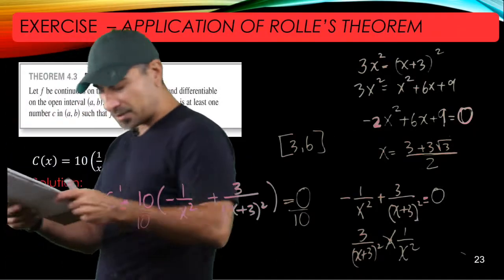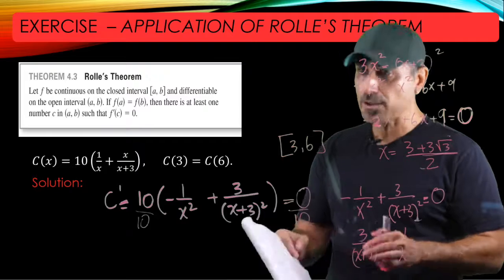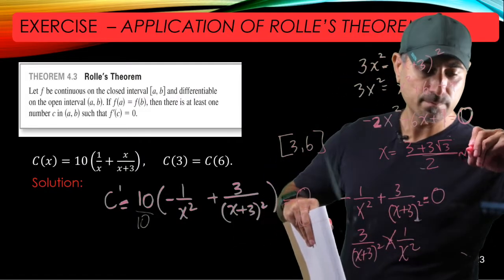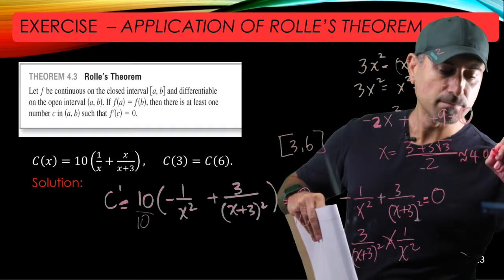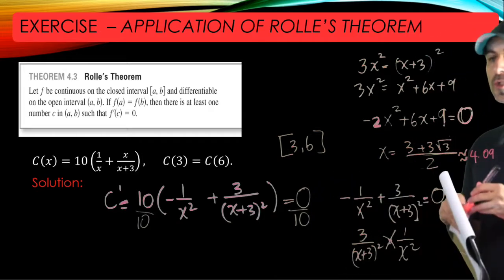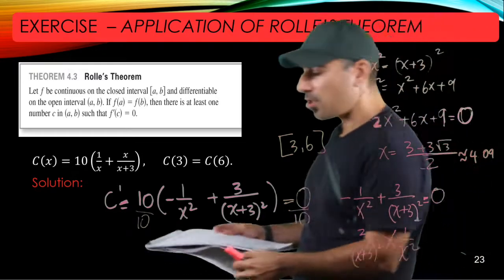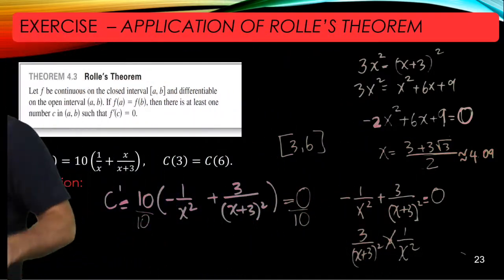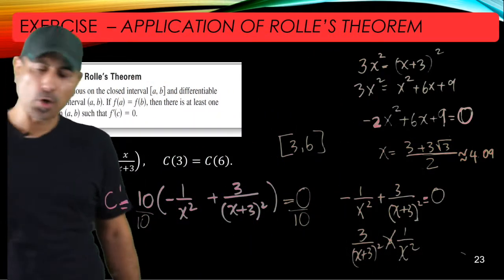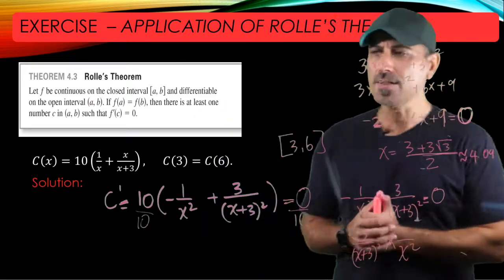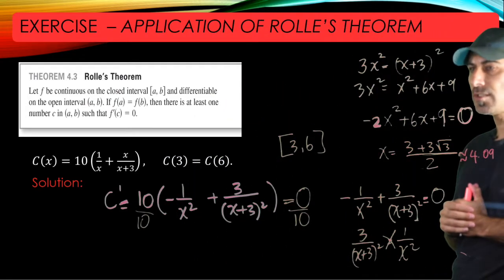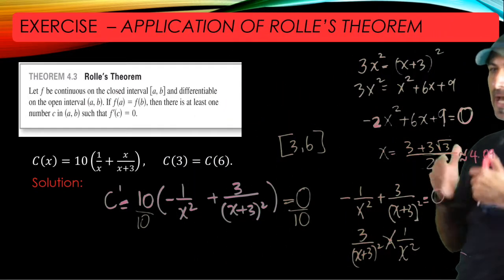And this is approximately equal to 4.09. So in other words, remember that x was in hundreds. So for almost 409 components, the rate of change of the cost function is 0, and that's exactly what the question asked.